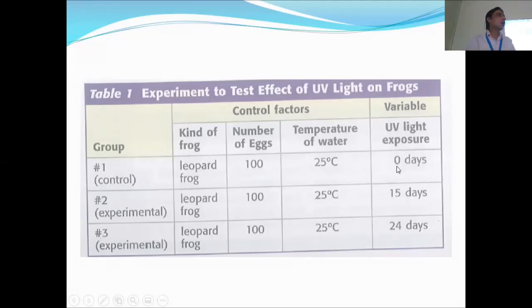So in the control group, you are not giving them any ultraviolet radiation. In group number 2, you are putting them under ultraviolet radiation for 15 days. And in the third group, you are putting them under ultraviolet radiation for 24 days. This is long enough for the frog to hatch, undergo metamorphosis and become an adult frog. After that, you need to check and analyze your data.